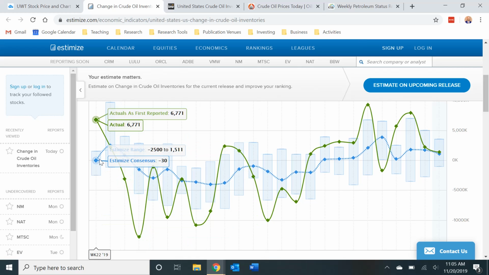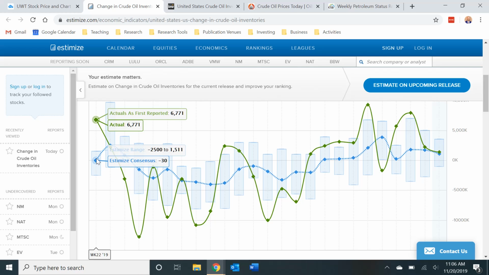Okay, this is basically user submitted data on what the crude oil inventory numbers for the week are expected to look like. So you can see here the Estimize consensus for the 22nd week in 2019 was that we would have a 30 million barrel draw on crude inventories.